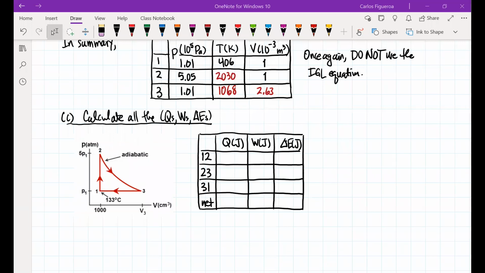So that's one calculation to calculate all of these. And what you're seeing here is that the process from 2 to 3 is adiabatic, so I know that the heat is 0. So what I need to calculate here is that the work between 2 and 3 is also the internal energy between 2 and 3.